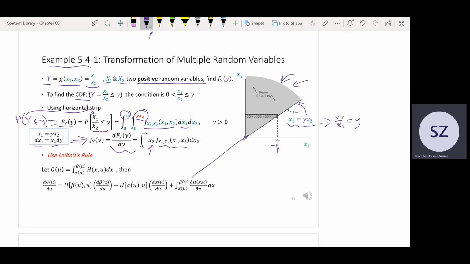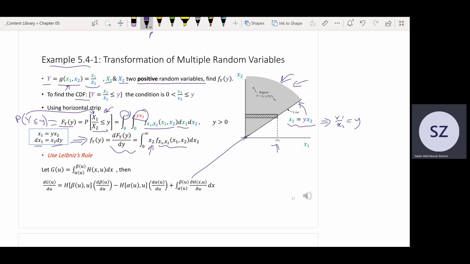Now, if you have a different function, then the region of integration will be different, and the solution will be totally different if the function g of x1, x2 is different from x1 over x2. For example, if I give you y equal x1 multiplied by x2, then the region will be different.